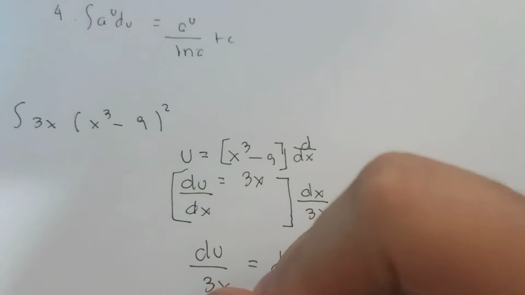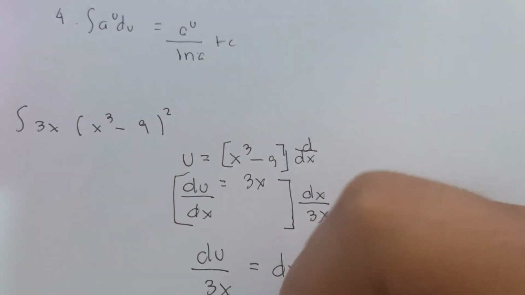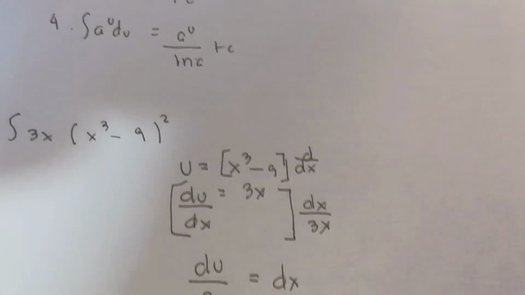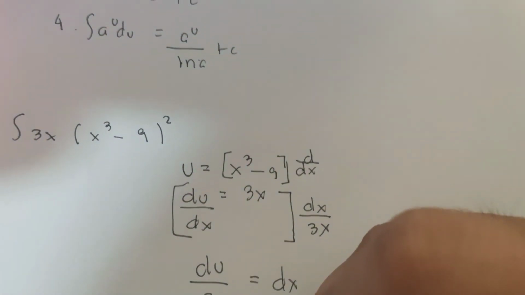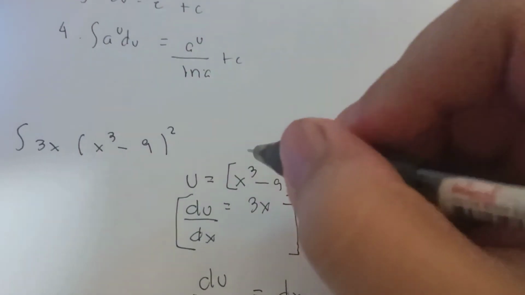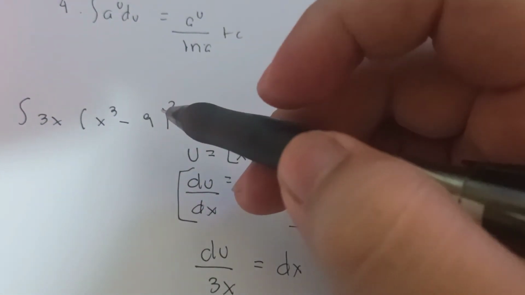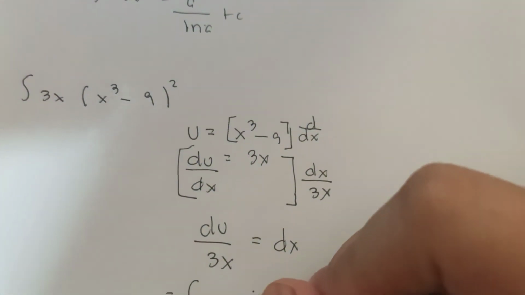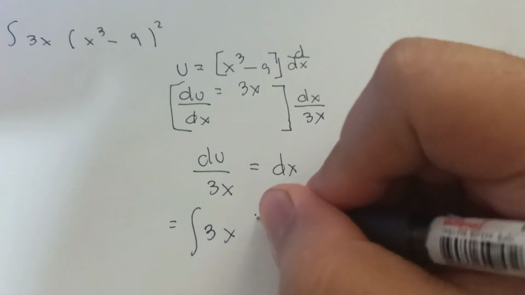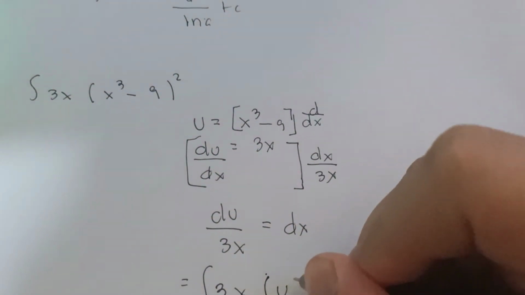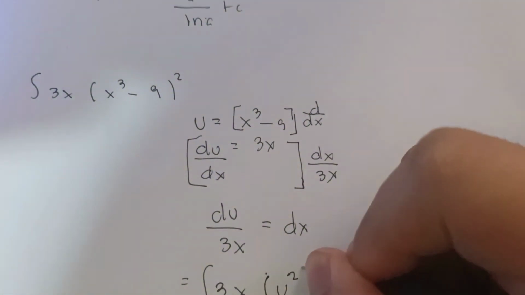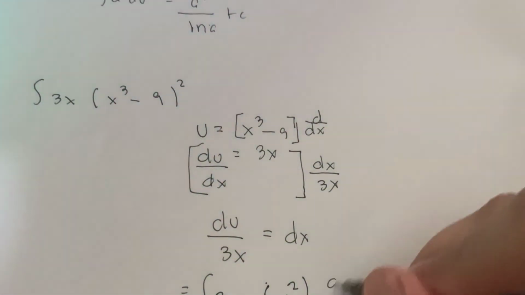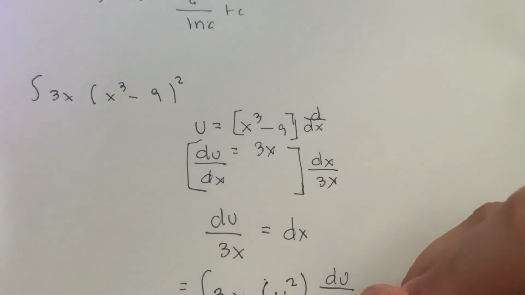So we're gonna bring down the integral of 3x here, and since we substitute this to u, we're just gonna put u squared over here, du over 3x.